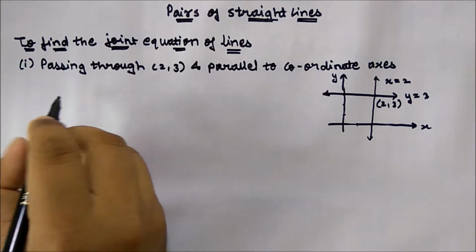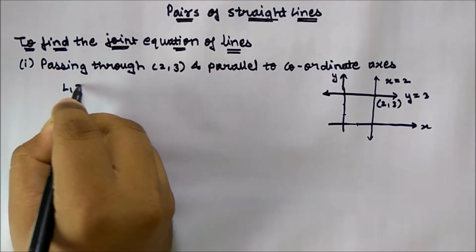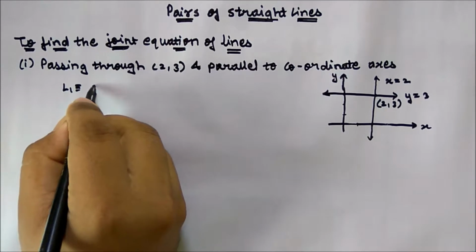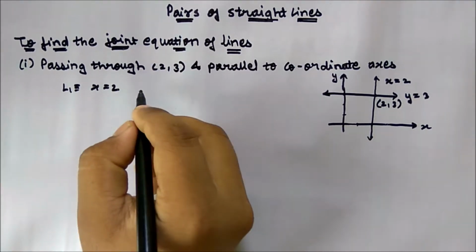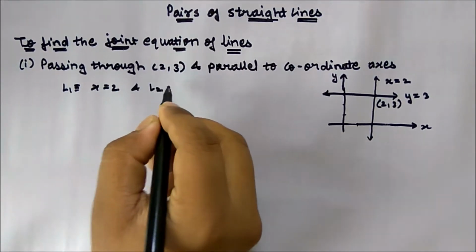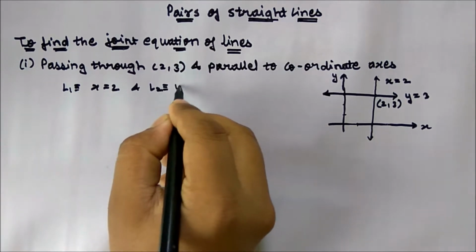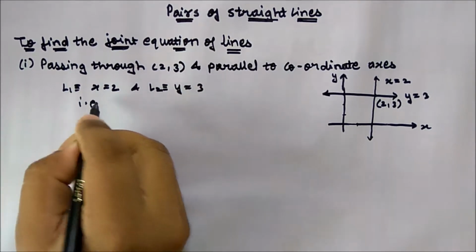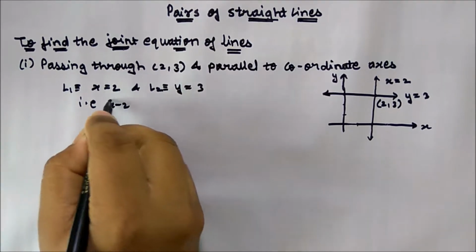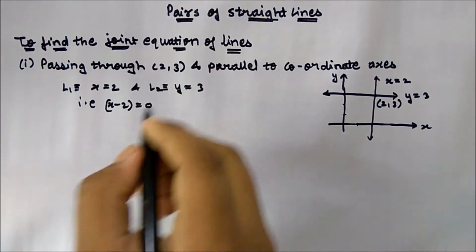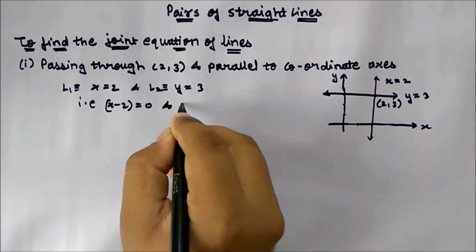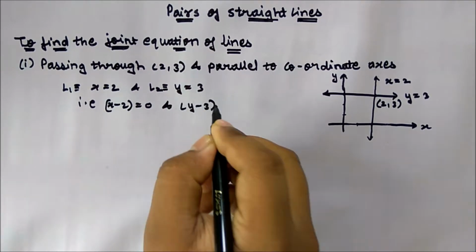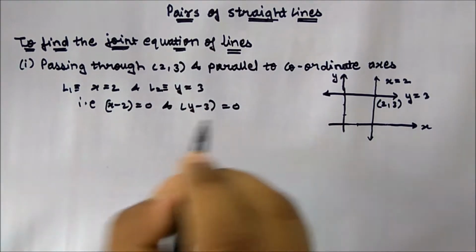So we have L1: x equal to 2 and L2: y equal to 3. That is, we can say x minus 2 equal to 0 and y minus 3 equal to 0.